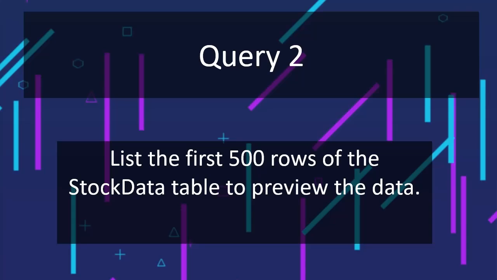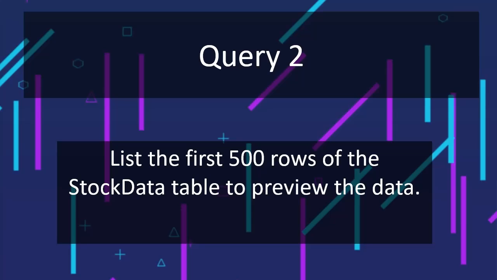Welcome back, data wranglers. The calendar's keeping time, company information knows everyone's name, and now it's time to rummage through everyone's wallets, portfolios with stock data. Query 2 is going to give us a quick peek at the data, the first 500 rows.